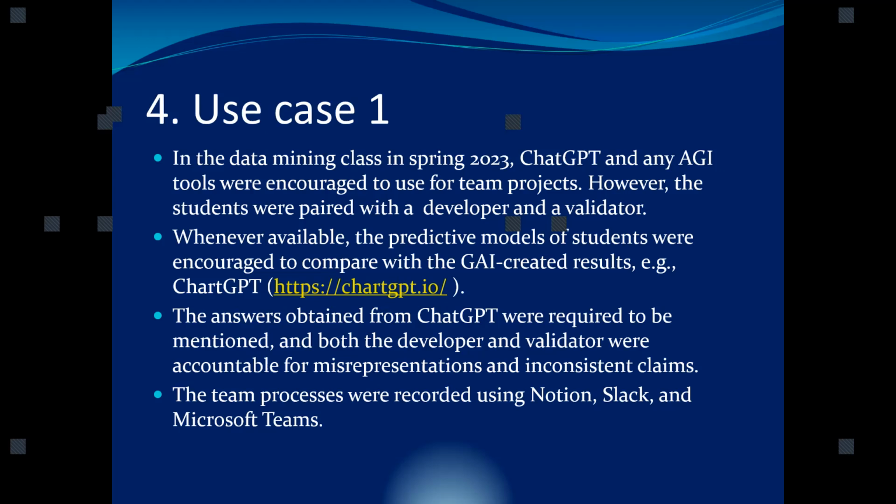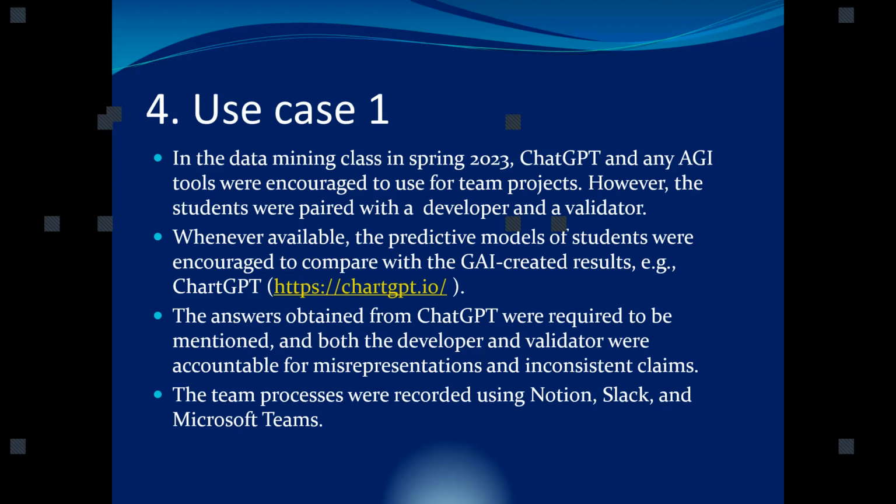If one is the developer, another one will be the validator or tester. If one writes the essay, the other one needs to be the proofreader. But if they use the technology ChatGPT but do not cite it, then I'm going to make both the task developer and the validator accountable for the misconduct.